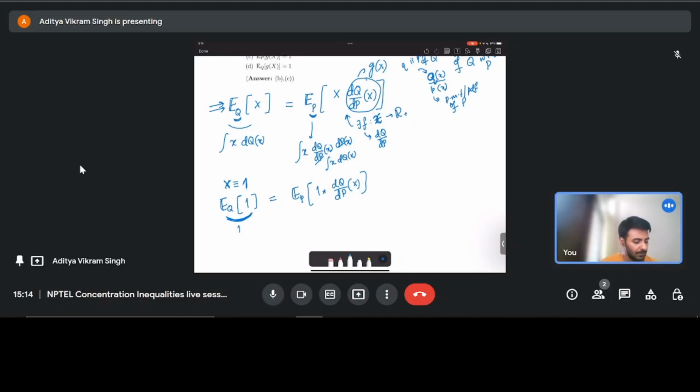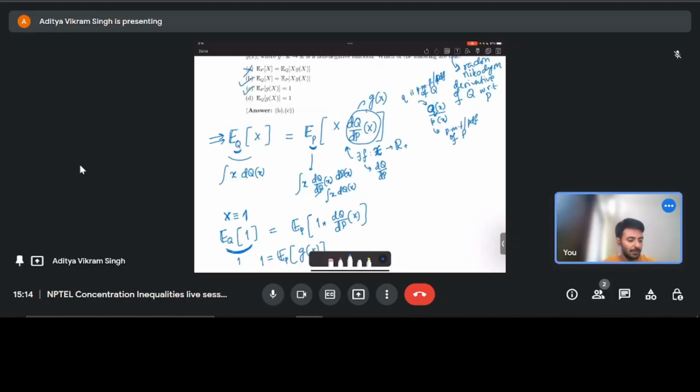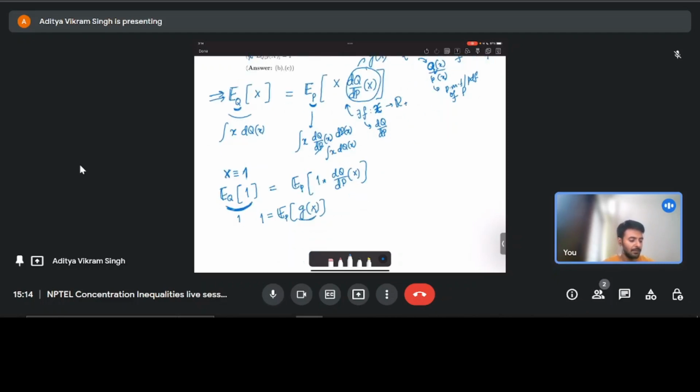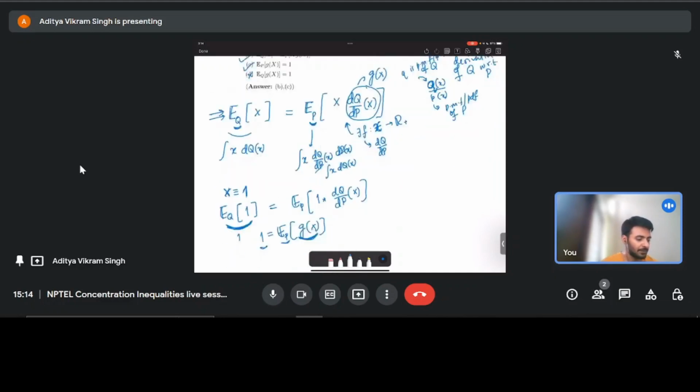So what we have shown is that 1 is equal to the expected value of g of X, which is option C. So if you take the Radon-Nikodym derivative of Q with respect to P and integrate it with respect to P, you get 1. So this was question number 2.